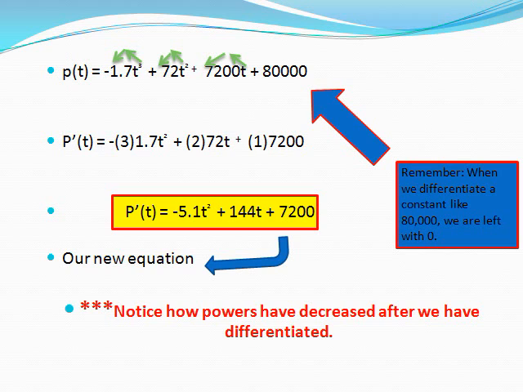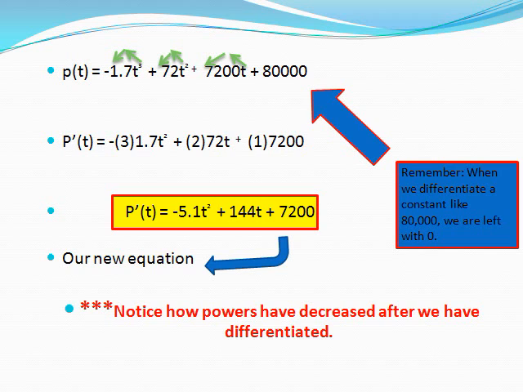We bring the 3 down to multiply it by the minus 1.7, and we get minus 3 multiplied by 1.7t squared. Then in 72t squared we'll bring the 2 down and multiply it by the 72 to get 2 by 72t. Remember, the t squared has been reduced to t to the power of 1.